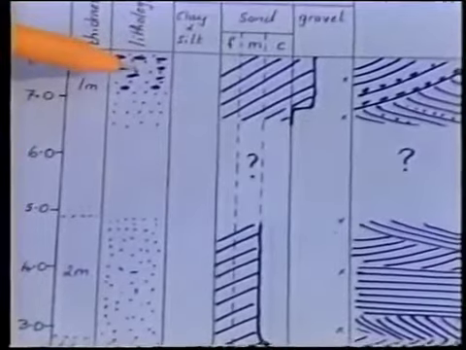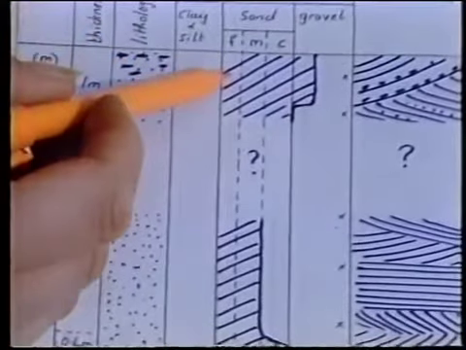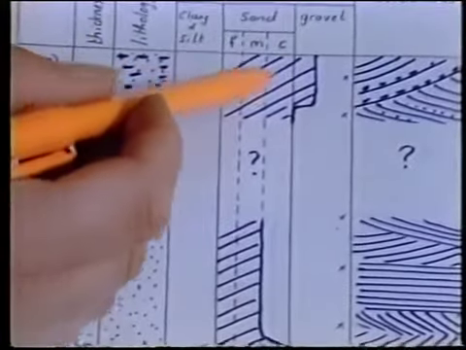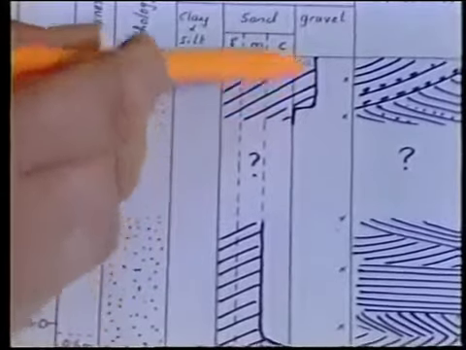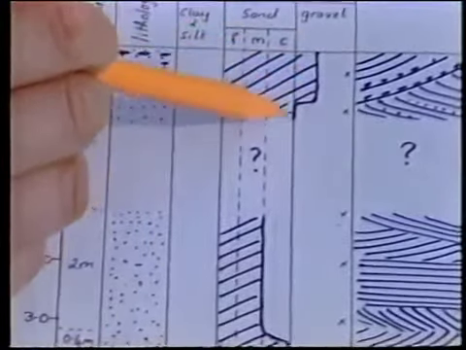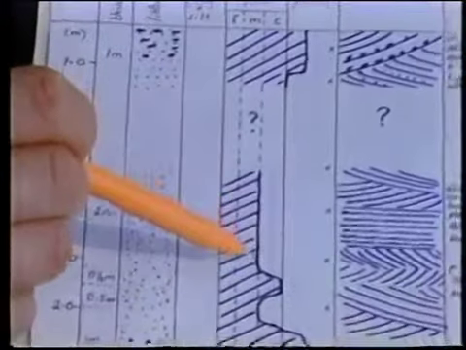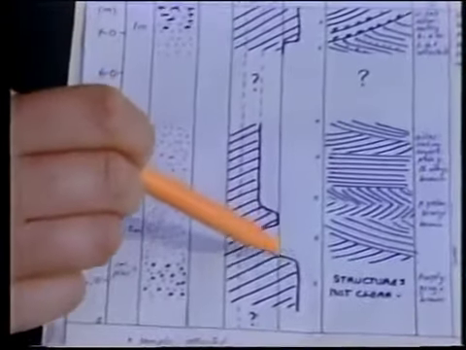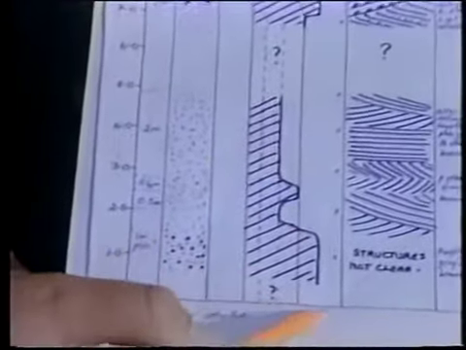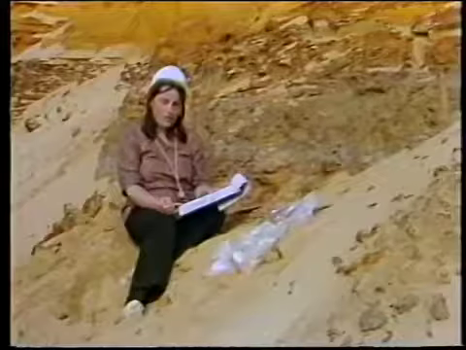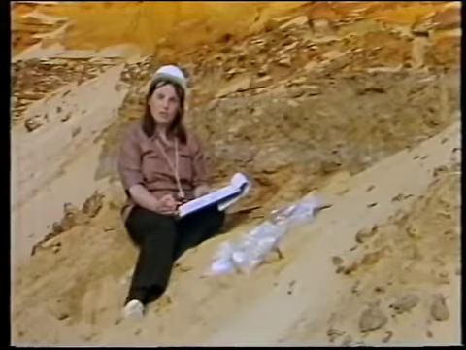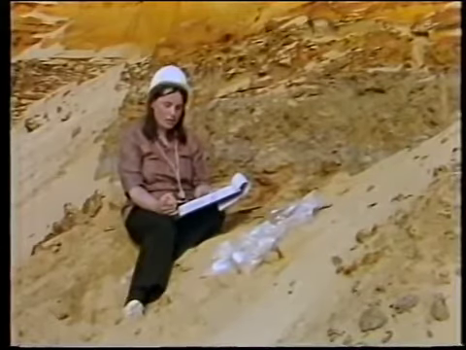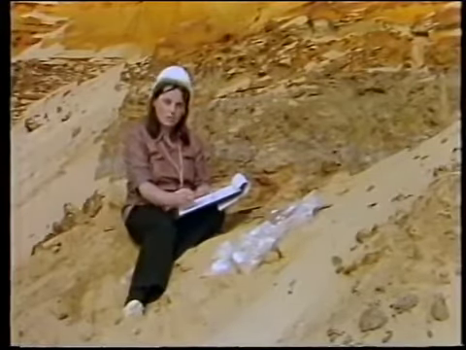These are reflected in the grain size. They're coarser. And you can see that the line down the right-hand side of this column represents a graph of sediment grain size against the height above the base of the exposure. Now, this provides us with an easy format for recognizing grain size variation as we move up the sequence.